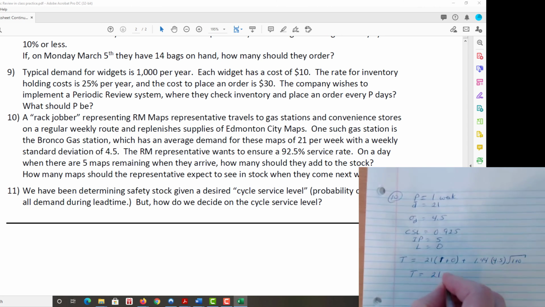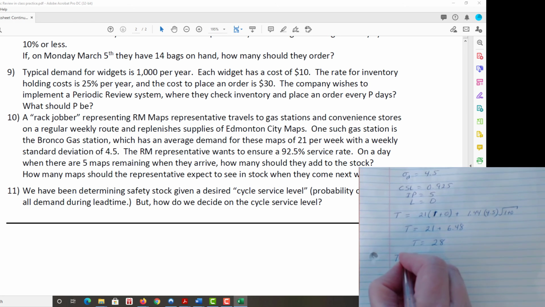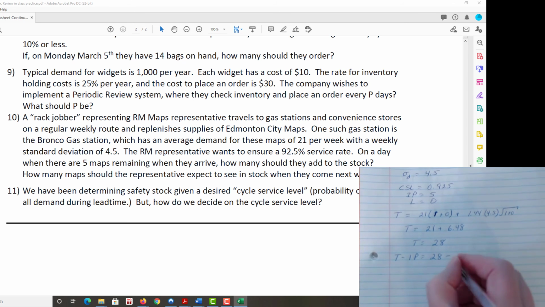We get 21 plus 6.48. We're going to round that up, so target inventory is 28. Order size is T minus IP, so 28 minus 5, which means we need 23 maps. And that's our order size.